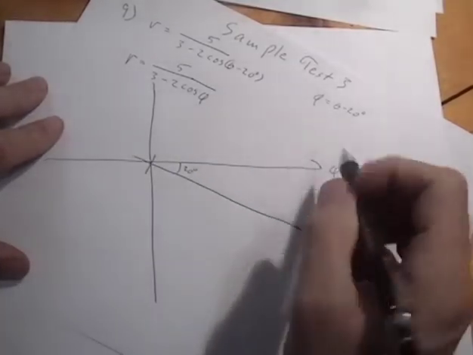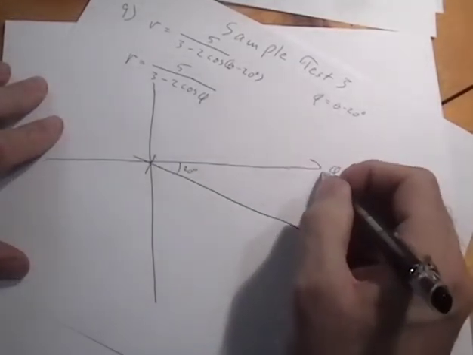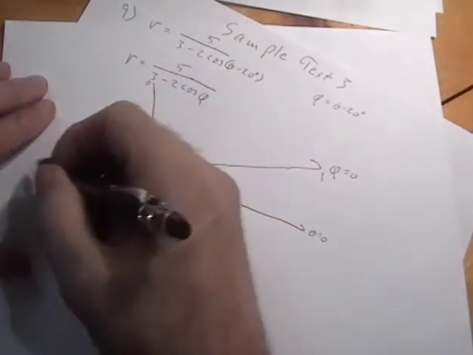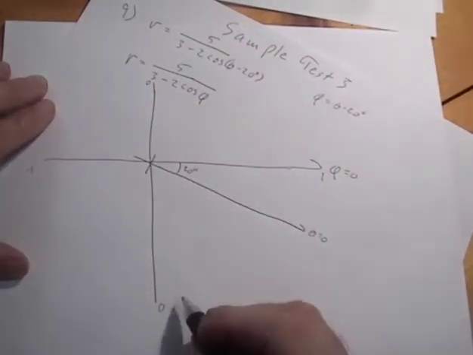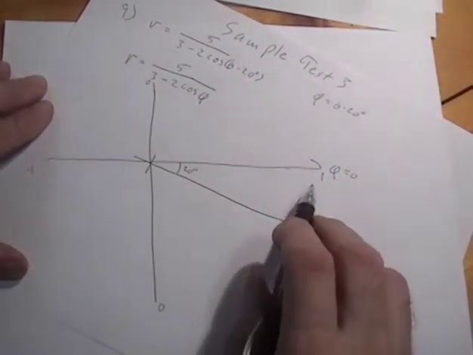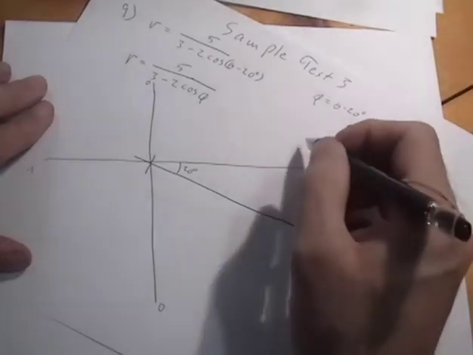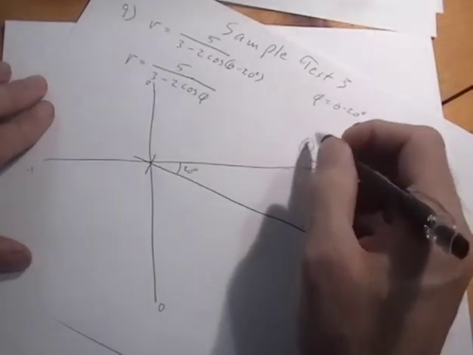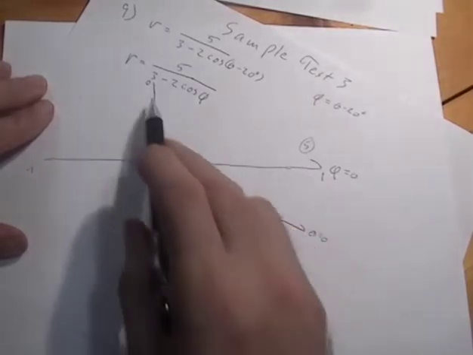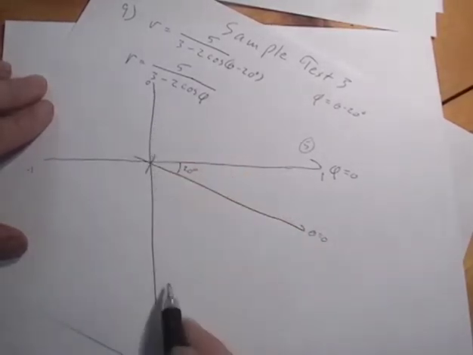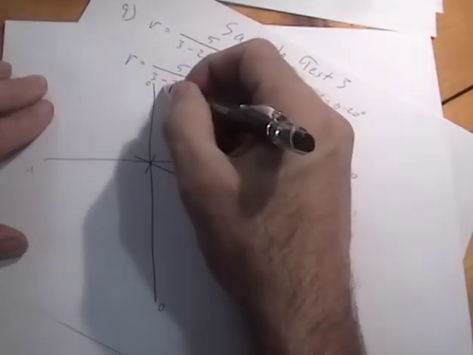I have cosine on the bottom. The pattern for cosine is 1, 0, negative 1, 0. In the one direction, I have 5 over 3 minus 2. That's going to be 5 over 1, which is 5. In the 0 directions, I'm going to have 5 over 3.